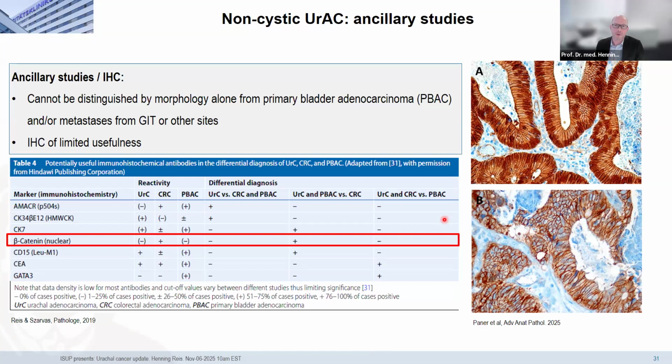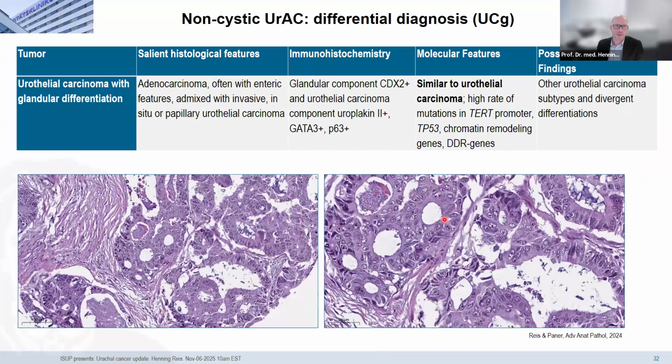There are cases of urachal adenocarcinoma that show APC mutations and then beta-catenin nuclear positivity, but that's way rarer. So differential diagnosis from urothelial carcinoma with the glandular subtype can look exactly like urachal cancer.